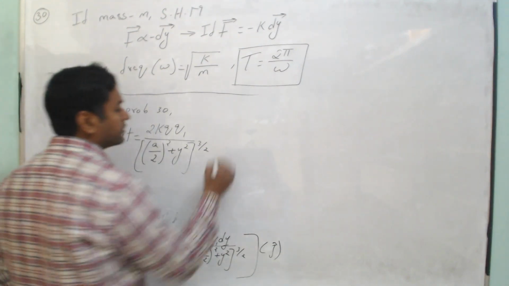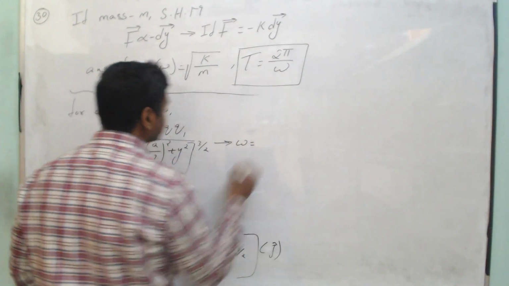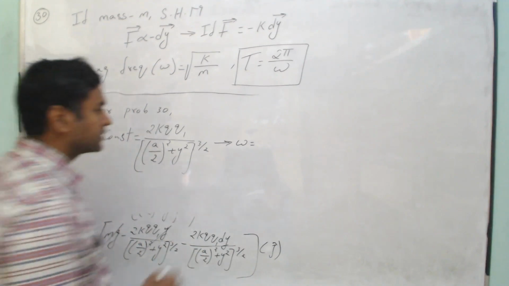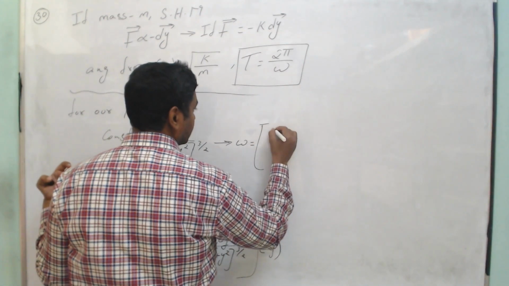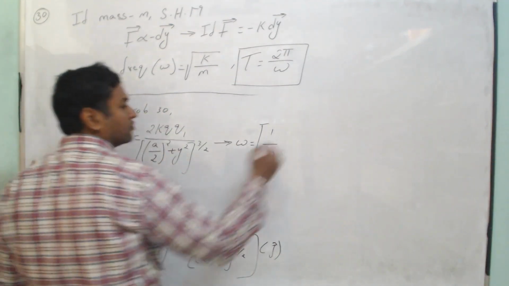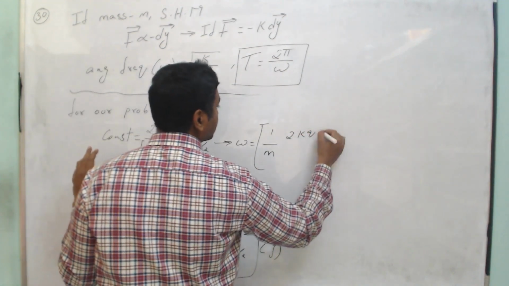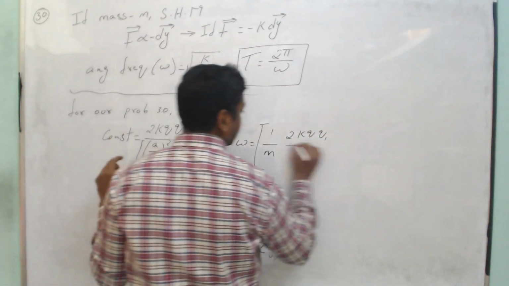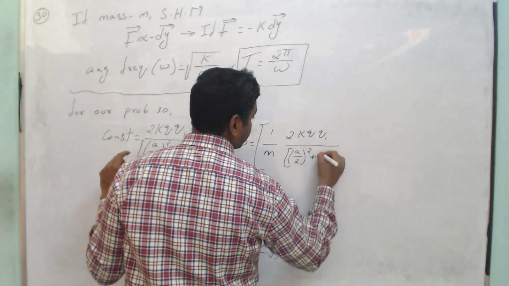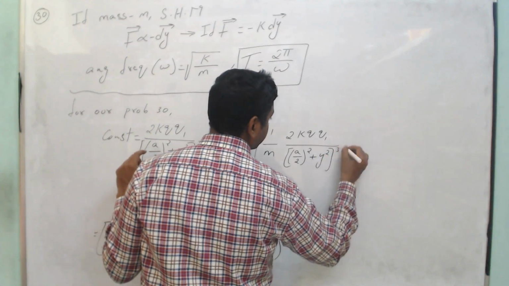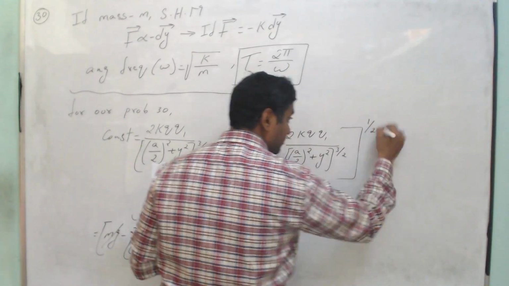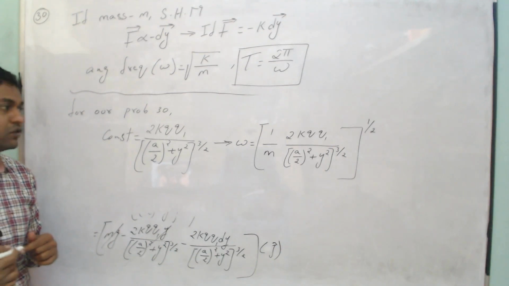So therefore, from here I can get my omega as under root of this entire thing divided by mass. So 1 upon mass into the constant, which is 2k q q1 upon (a/2)² plus y², whole to the power 3/2, and this entire thing whole to the power 1/2 is my omega.